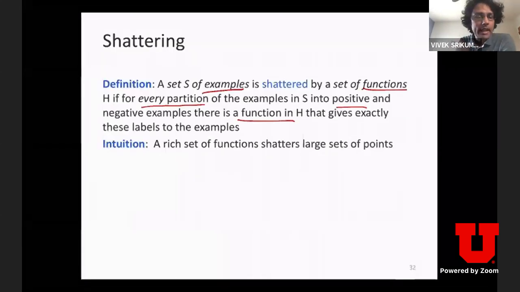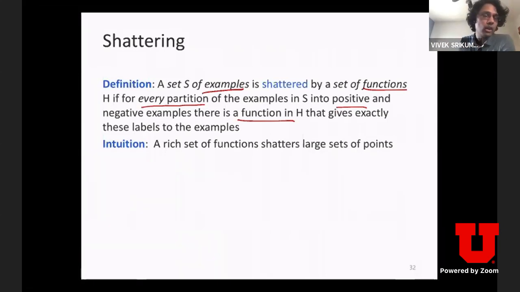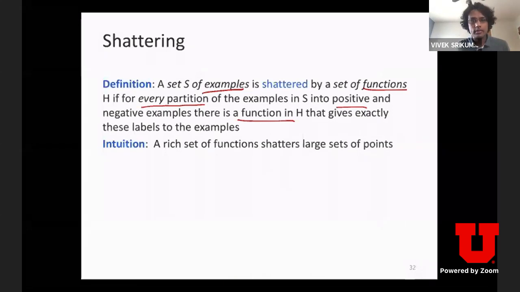Then we say that that particular set of 2 points, not necessarily all sets of 2 points, can be shattered by the set of functions we are considering, in that case, lines. And the intuition here is that a set of functions H that can shatter a large number of points is more expressive.